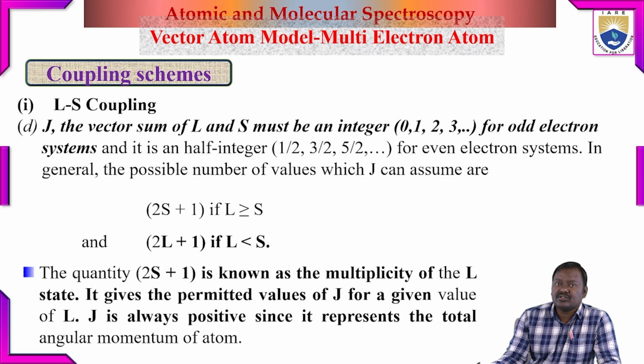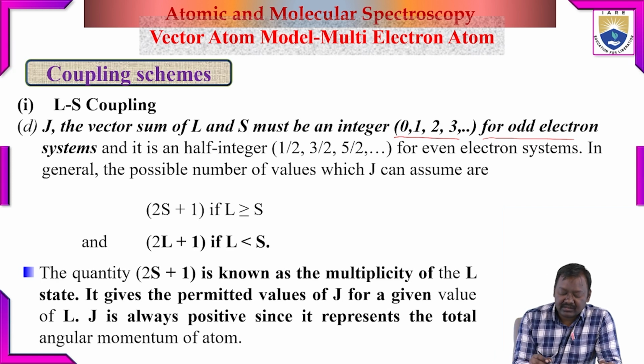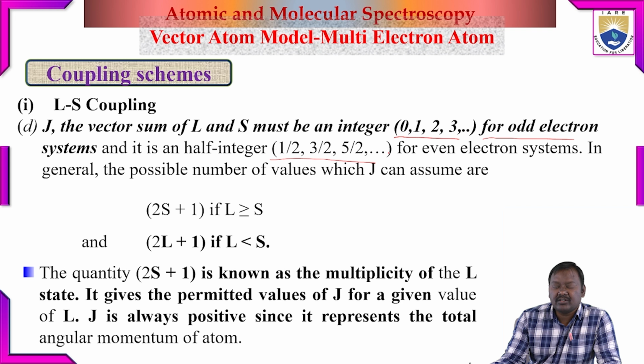It must be an integer like 0, 1, 2, 3 for an even electron system. And for an odd electron system, where there is an odd number of electrons, the value of J must be 1 by 2, 3 by 2, 5 by 2.